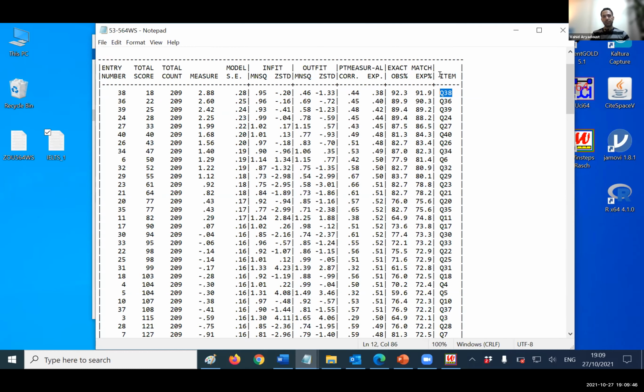Of course, item number, so that's number 1. Number entry is 38. It's the same here and here. Okay, so far. Now, the total score is 18. What does it mean? Let me write it down here for you.